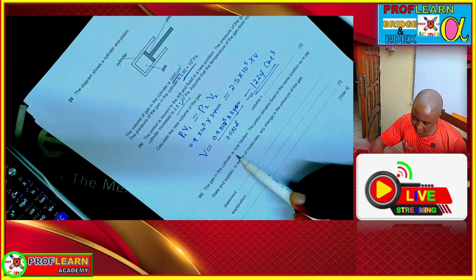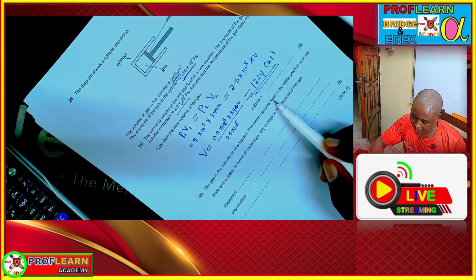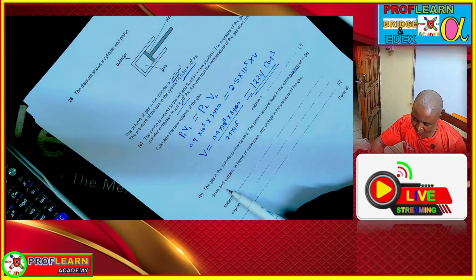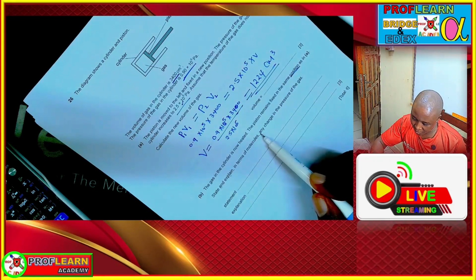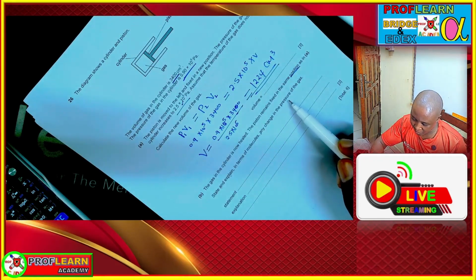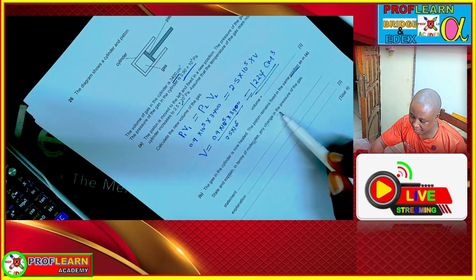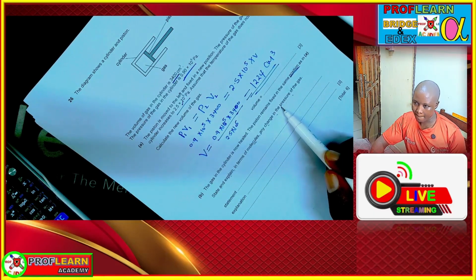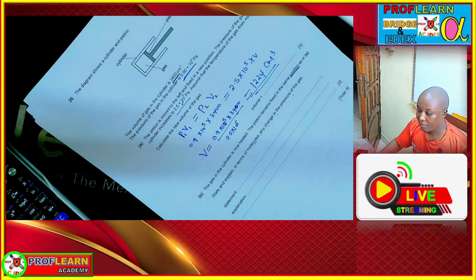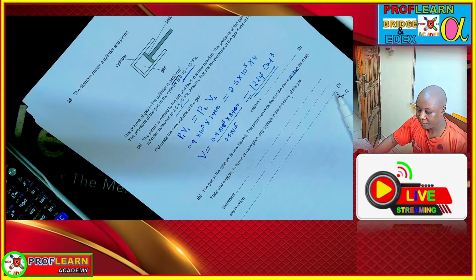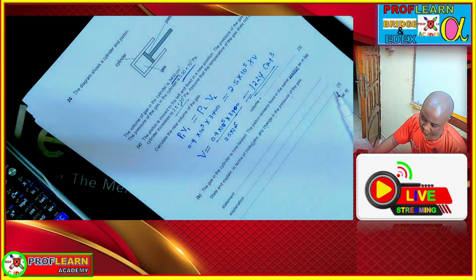Now the gas in the cylinder is now heated. The piston remains fixed in the same position. State and explain in terms of molecules any change in the pressure of the gas. Temperature in this case is what? The piston remains in the same position.